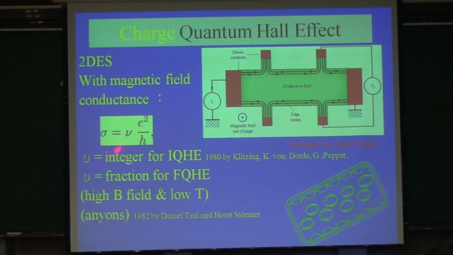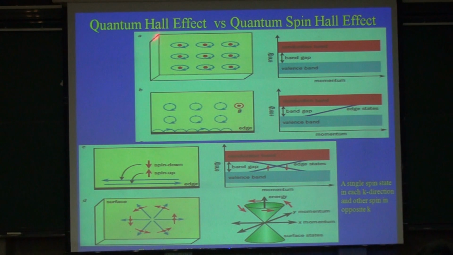Under the B field, they also found an integer quantum Hall effect and a fractional quantum Hall effect, and these two groups both got the Nobel Prize. So the quantum Hall effect is something like that. You have some material, you apply a B field, and this B field introduces a band gap in the bulk region, and you have the valence band and the conduction band.